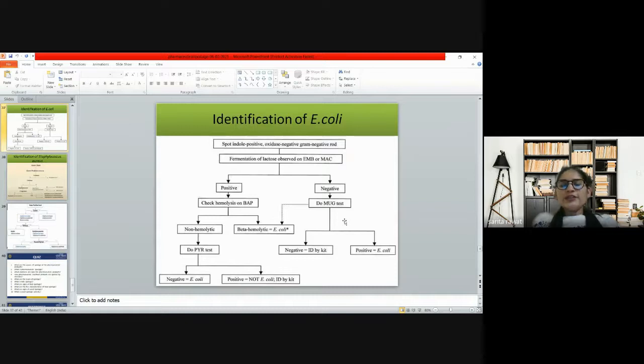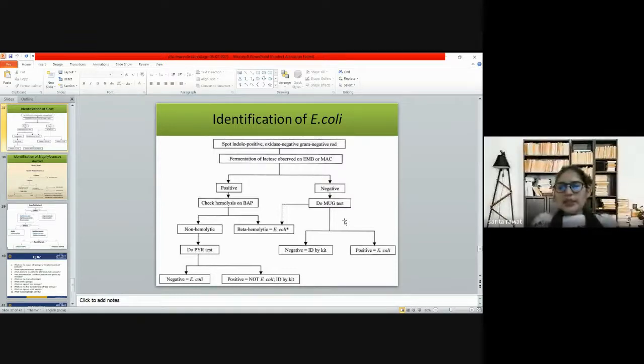Now, how do we identify E. coli? The identification of E. coli is by spot indole positive, oxidase negative, gram-negative rod. Then the fermentation of lactose is observed on EMB or MAC. If it is gram positive, check hemolysis on BAP. If non-hemolytic, then do the PYR test; negative is E. coli, or positive is not E. coli, identify by kit.